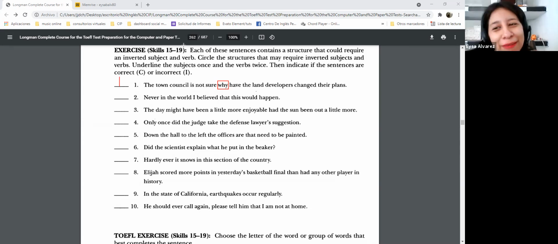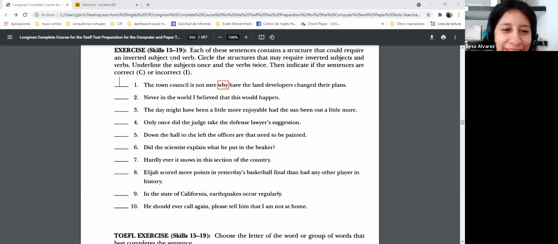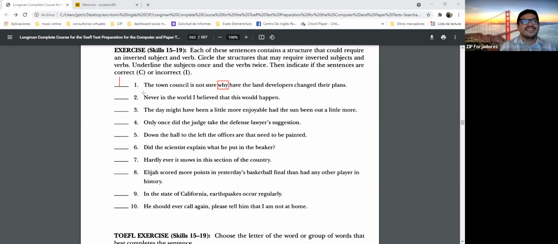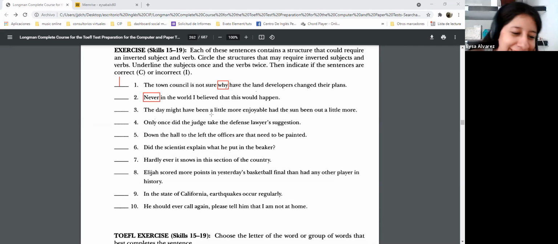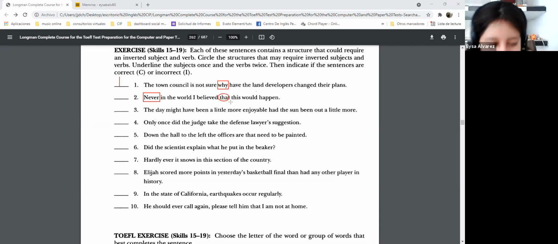In number two, I have it incorrect. I have that it's a negative expression, never, and then we have the subject, I, and the action, believed. Then we have a connector, but I don't care because we have subject and verb, it's correct.